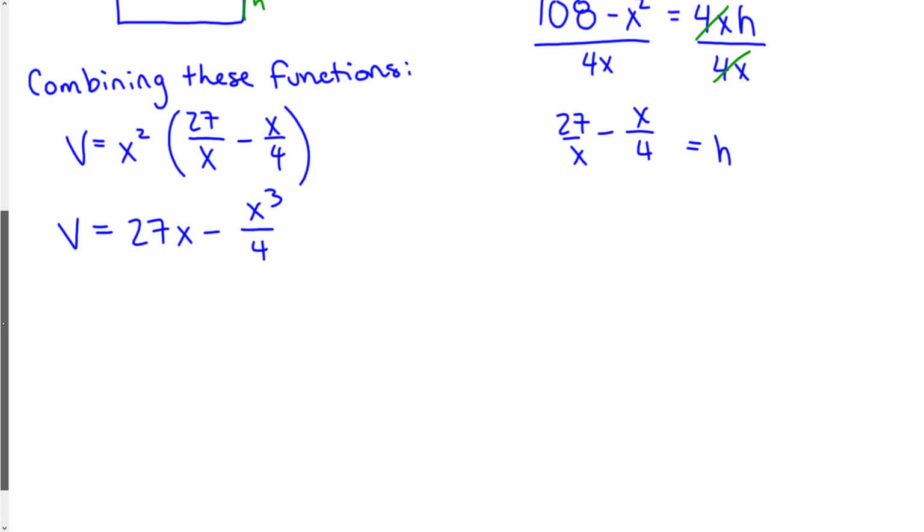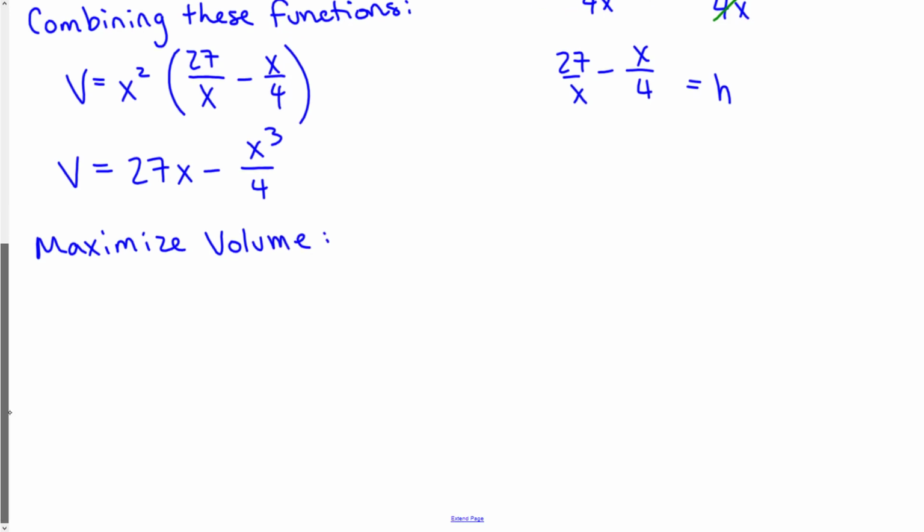Now, I need to maximize volume. And I can do that with this equation at this point because I only have one independent variable remaining. And so I can find a derivative of this volume equation.